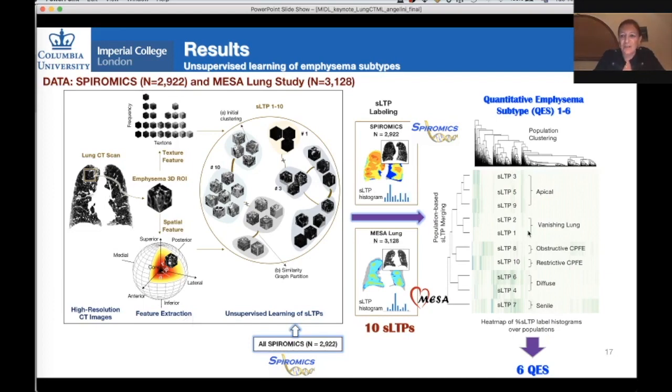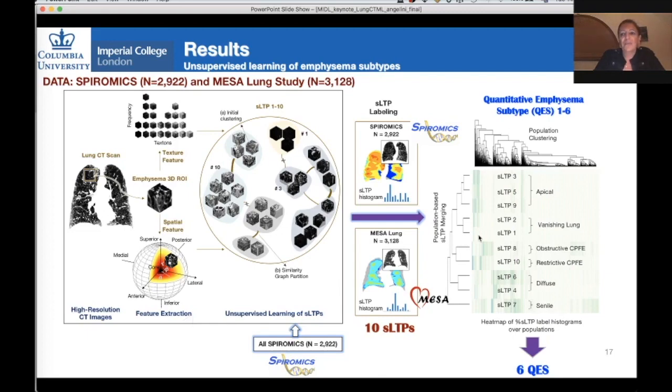And using those histograms, we performed some population clustering to see if we could maybe further reduce the number of SLTPs. And we actually did, and we moved on from 10 SLTPs to 6 quantitative emphysema subtypes, or QES.